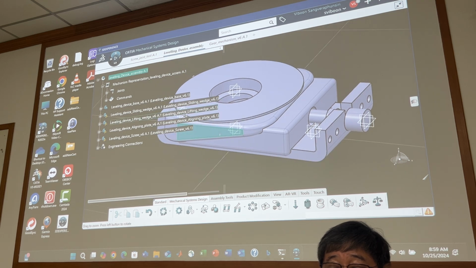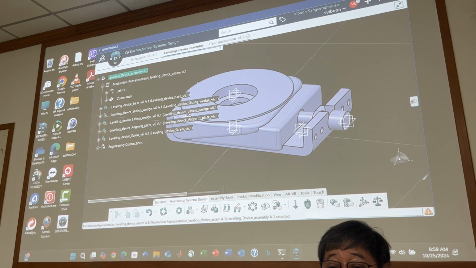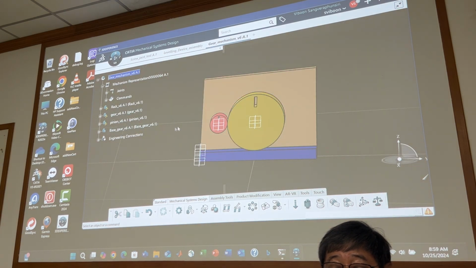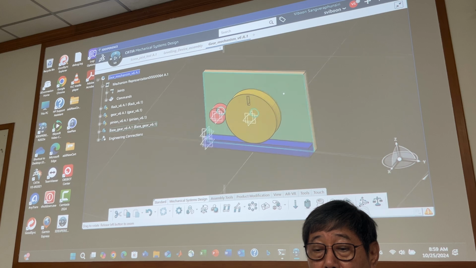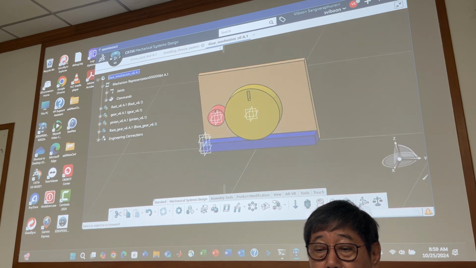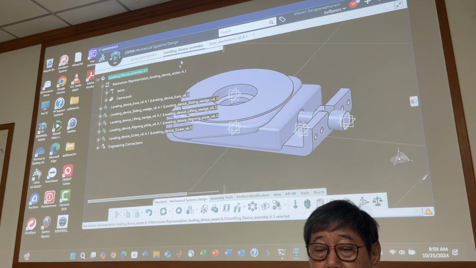Let me do this one for you. I did this one, leveling the white for you. Look at this one.